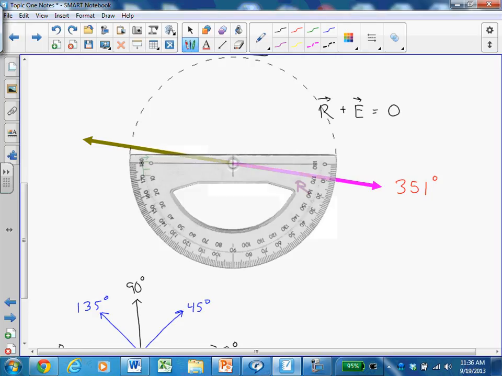So 351 minus 180 is 171, right? So that's at 171 degrees. Does that make sense? Okay, that's the equilibrium. So we can see that we can add these vectors up like that.